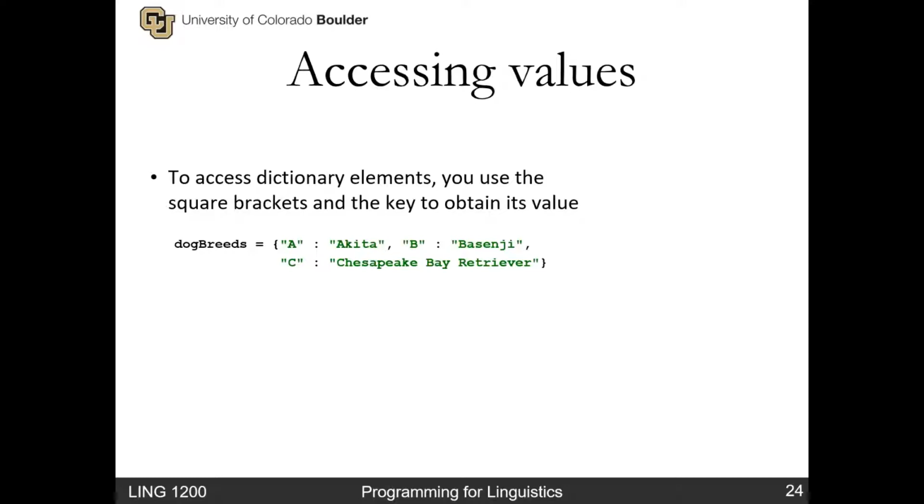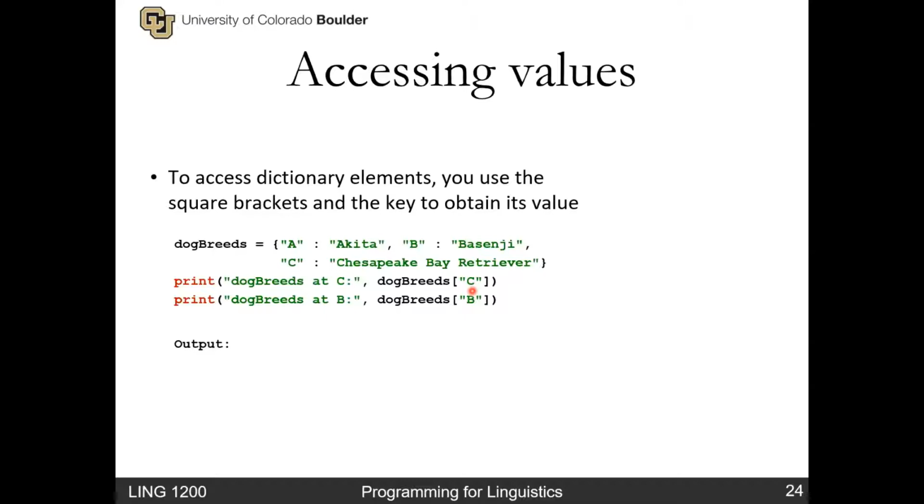So if we have this dictionary where the keys are letters and the values are dog breed names, we can access any one of those dog breed names using the square bracket notation. So we use the dictionary name, the square bracket notation that we're used to, but instead of the index, which we don't have in dictionaries, we're going to use the key that is associated with the value that we want.